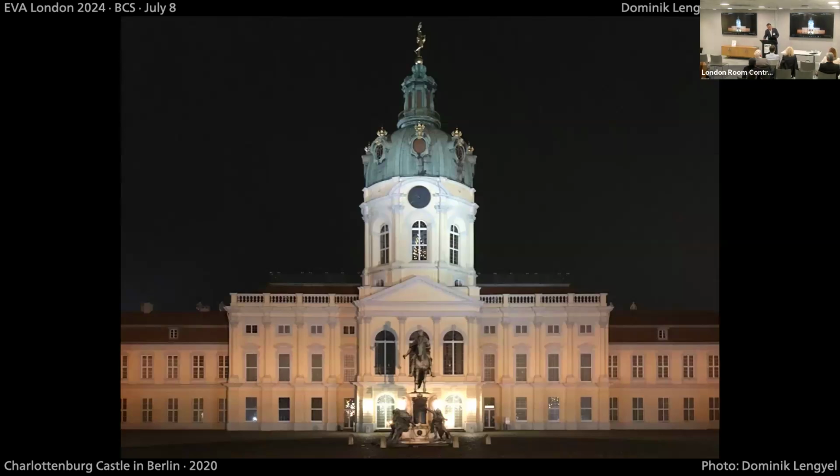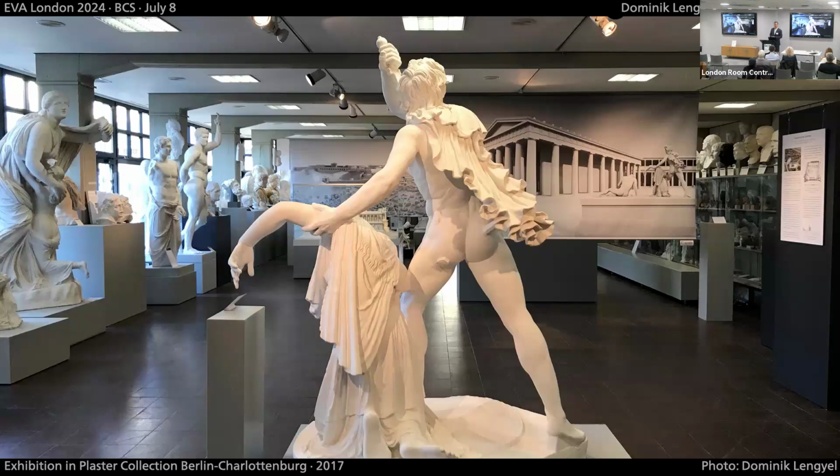And until then, I introduce you now for the last couple of seconds to a very beautiful castle in Berlin, which is called the Castle of Charlottenburg, one of the most prominent and attractive quarters in Berlin. We're not staying in that, but it's very attractive. Just opposite this famous castle is a museum called the Cast Collection.